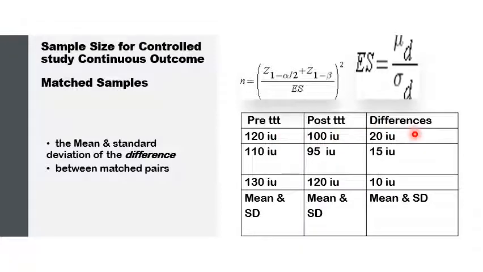We'll be taking the mean of the differences, and the same applies to the standard deviation. It will be the standard deviation of the differences rather than the difference between the standard deviations. And then we'll estimate the effect size, and that would be plugged into the equation as usual.